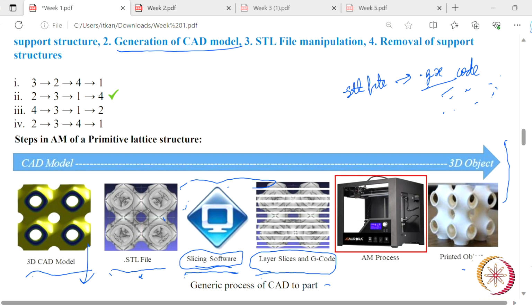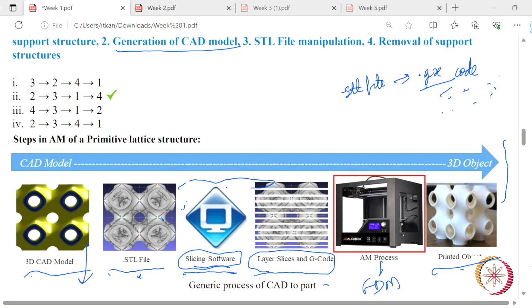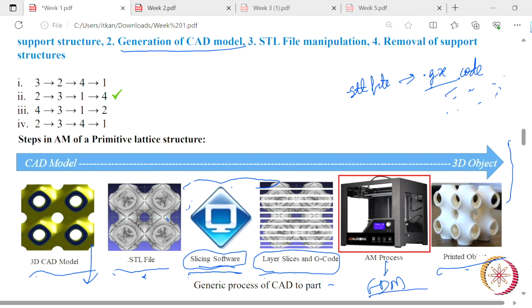now this is the final product. Now this is the FDM machine. So we can do stereolithography, VAT polymerization, so many things we can use. So this is the generic process of CAD to part conversion.